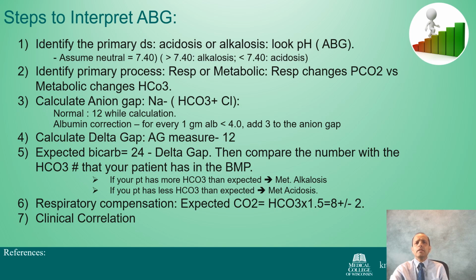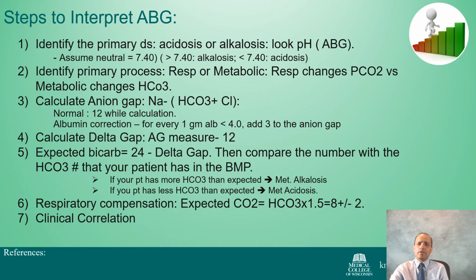So, steps to interpret an ABG. First of all, you identify the primary process, whether it's acidosis or alkalosis. Then, once you determine that, you need to find out whether it's respiratory or metabolic, which is the primary disorder. If somebody has acidosis with low carbon dioxide, it's probably metabolic.